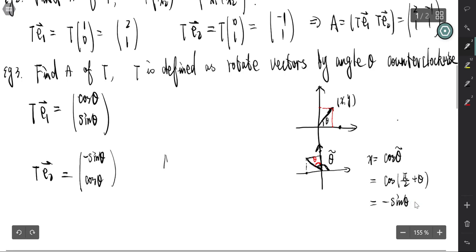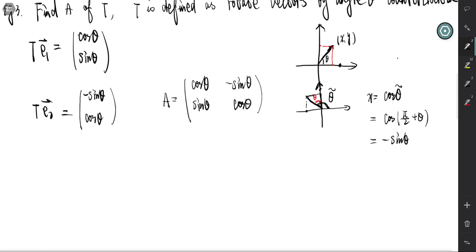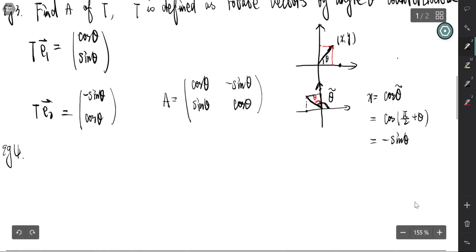So the standard matrix is cosine theta, sine theta, negative sine theta, and cosine theta. That's the standard matrix for rotation. There's an even more difficult example.